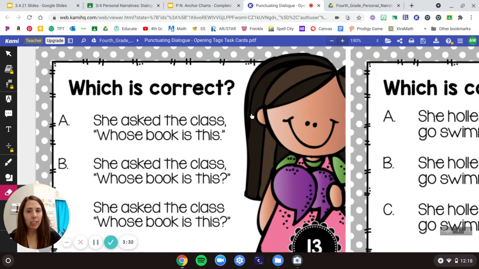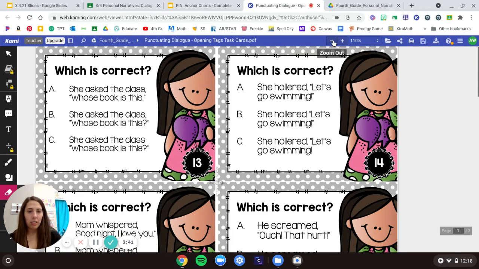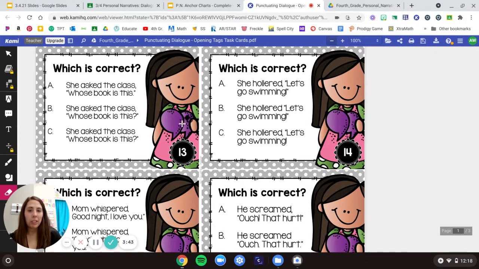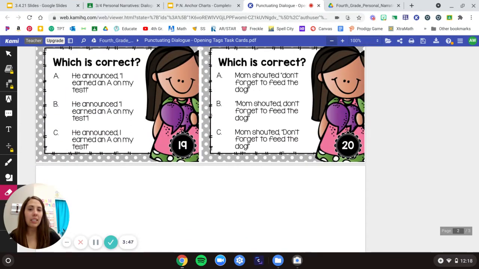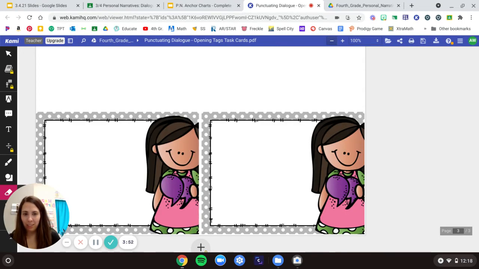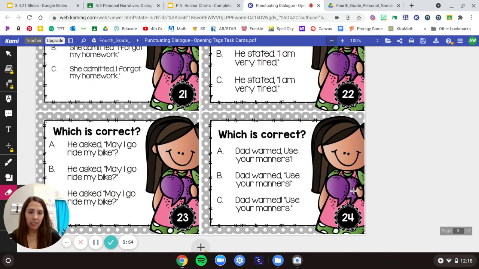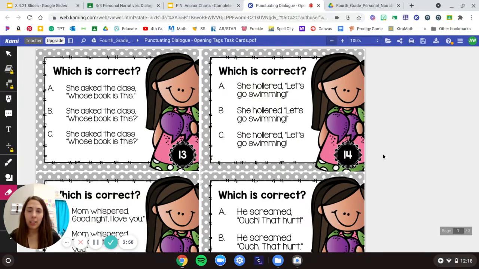Zoom in as much as you need so you can tell if there's commas, if there's not, if there's periods, what the difference is. Okay? So what I want you to do is pause the video while you solve these 12 task cards. And unpause the video when you're ready to check your answers.